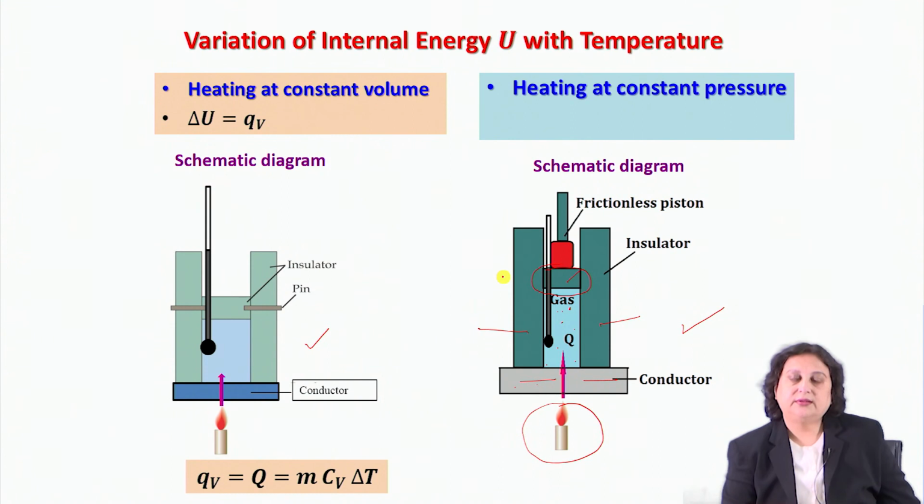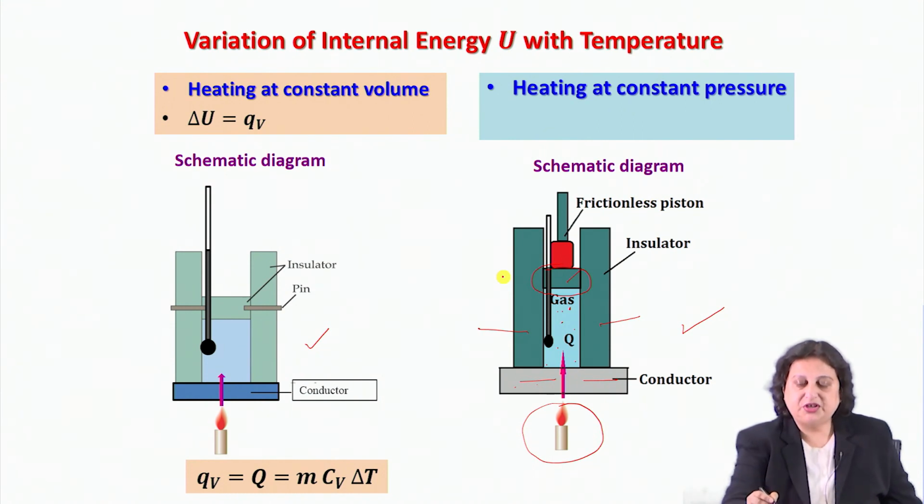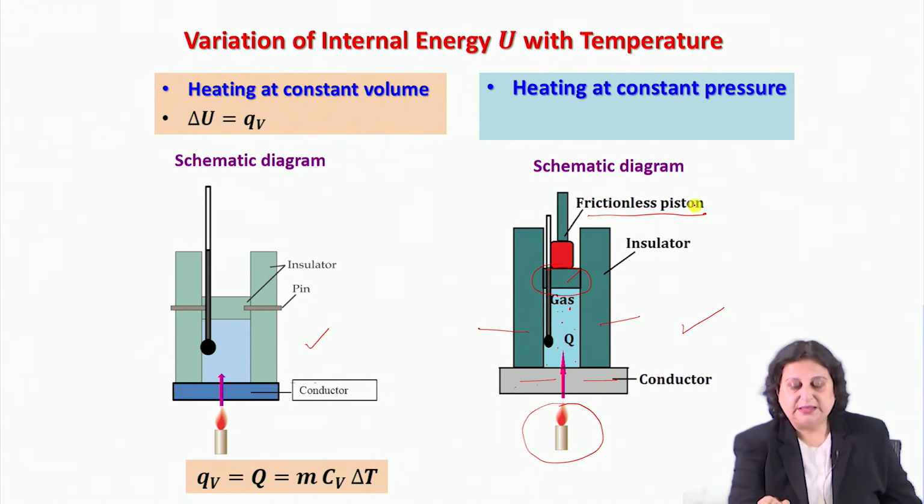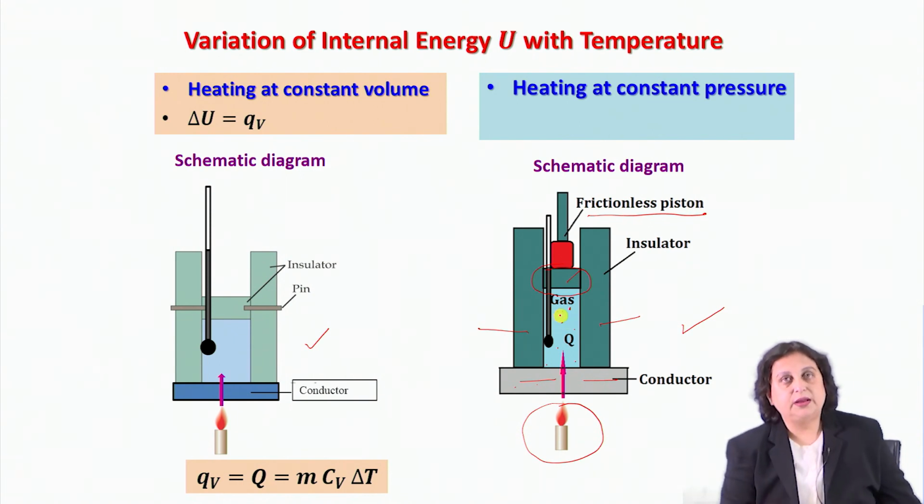And not only is it movable, there is a frictionless piston attached to it, and by adjusting the mass placed on this movable wall, we can adjust the pressure that is holding the piston down, and at equilibrium that would be the pressure of the gas. Therefore, if now I heat this system, then I will be heating the system at constant pressure.